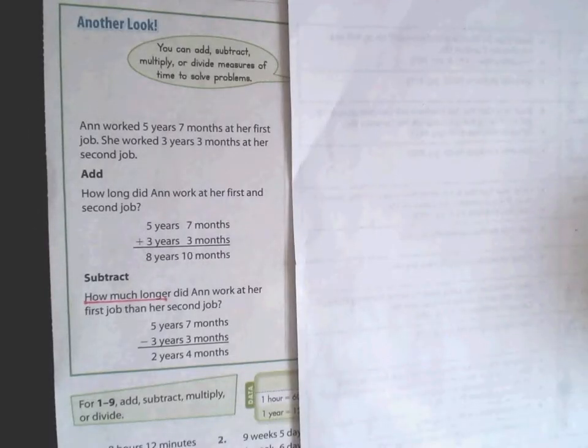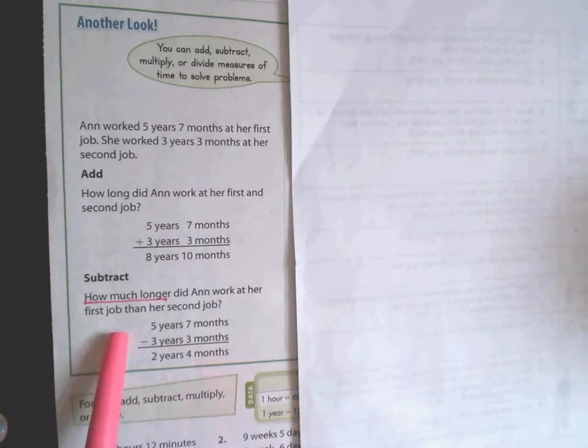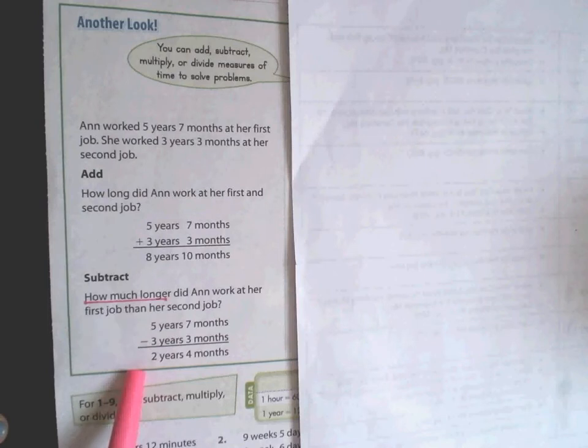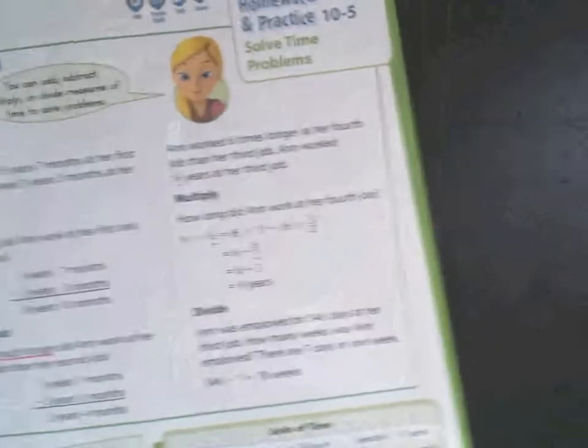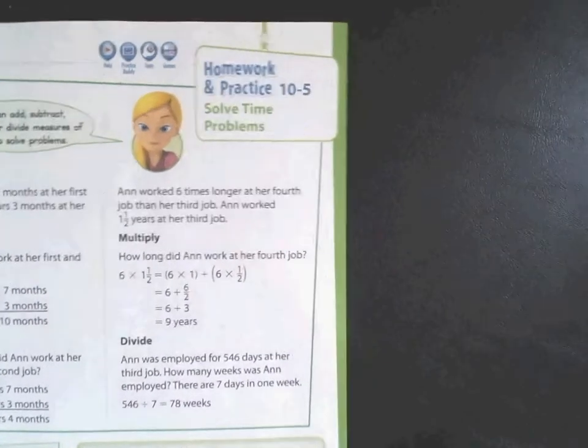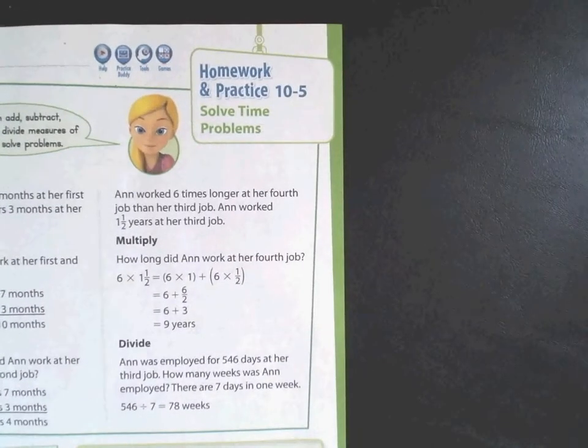So you go ahead and subtract, and I can do 7 months minus 3 months, which is 4 months, and 5 years minus 3 years is 2 years. So I do not need to rename this, because 4 months is less than 12 months, and there's 12 months in a year. So let's go ahead and look at this side for multiplying and dividing.